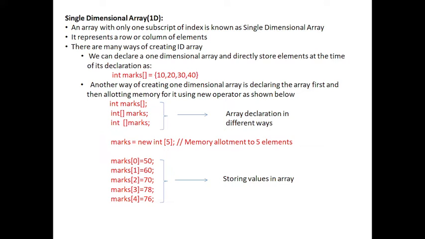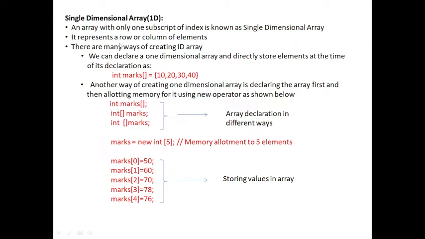An array with only one subscript or index is known as one dimensional array. So in a one dimensional array we are going to store either row elements or column elements, but not both row and column elements, right? That is the second point.